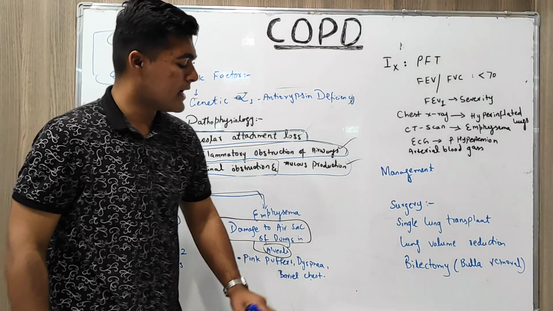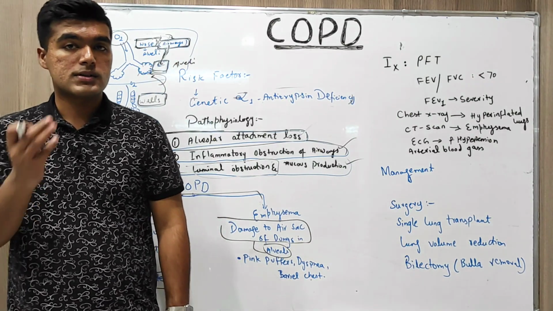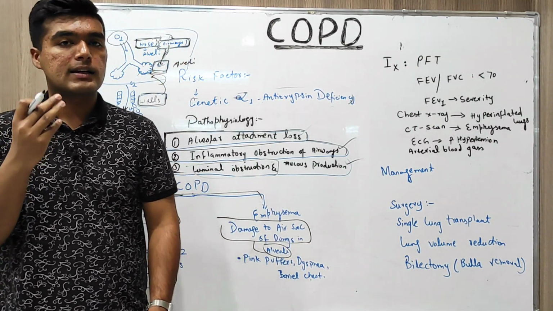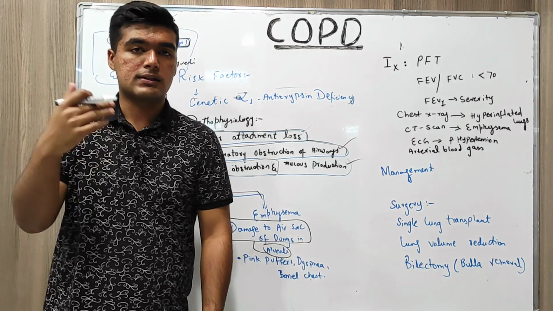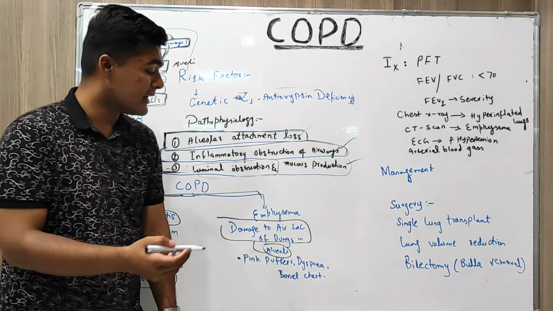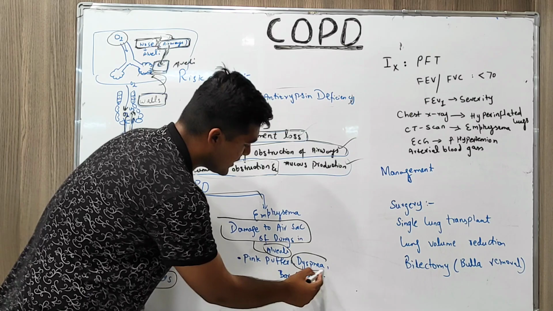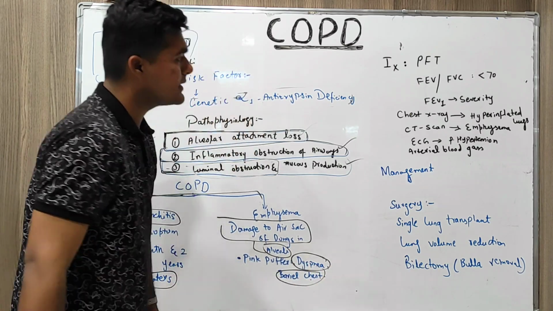We name them pink puffers because their cheeks and skin color, particularly in the face, change to pink for the time being, and the patient presents with dyspnea and barrel chest.